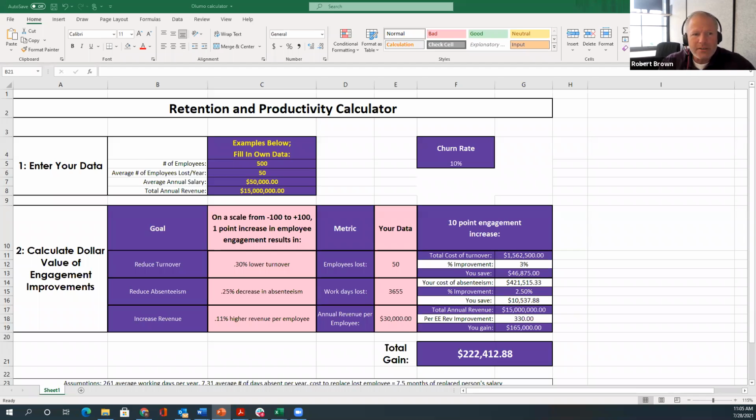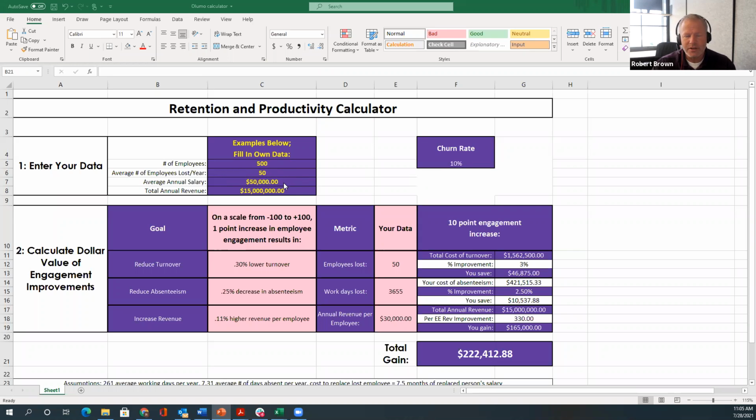I wanted to just highlight it, and you should have received this in an email. If not, please reach out to me and we can send it to you. One of the most important things is understanding what this is really costing you. So we put together a very simple little calculator, where you can just put in the number of employees and the number of employees that you lost, and it will help figure out your churn rate for you.